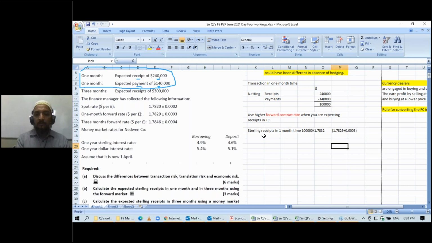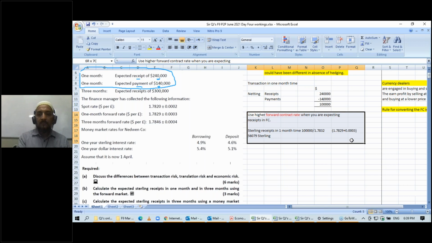This gives you the sterling receipts, which will be 56,079 sterling. So that's the answer to your 1 month part.